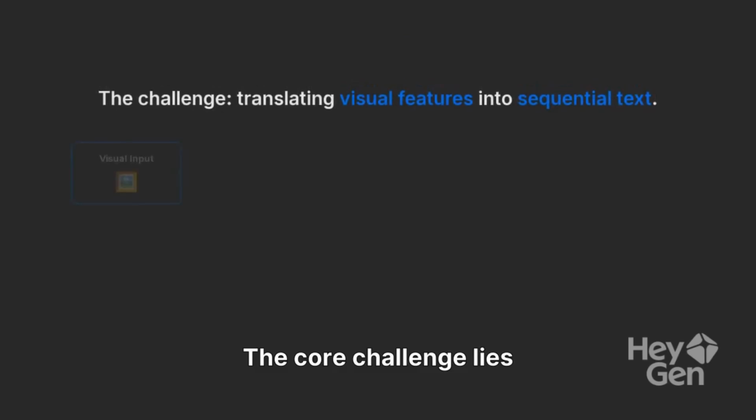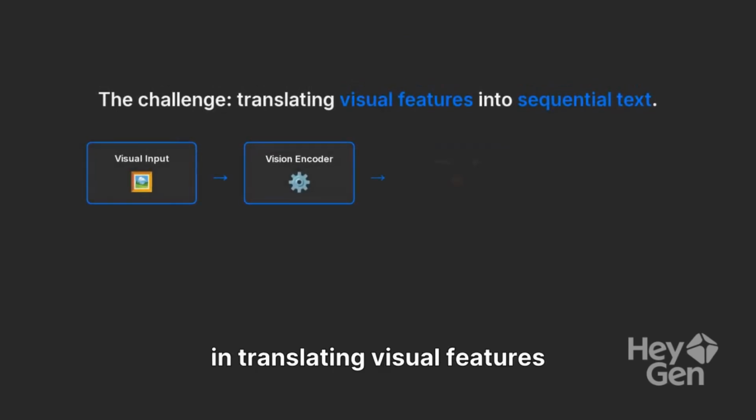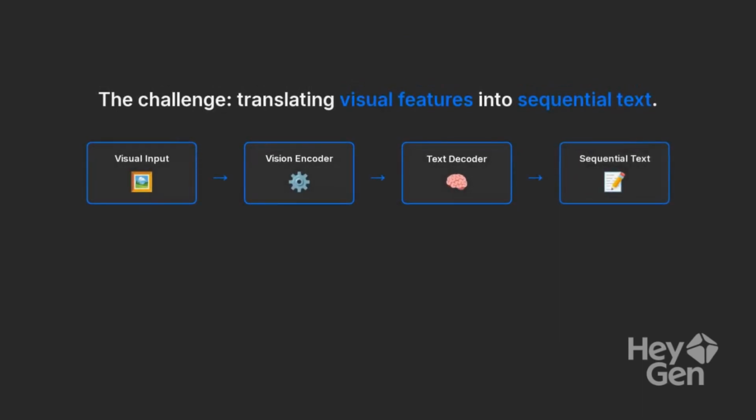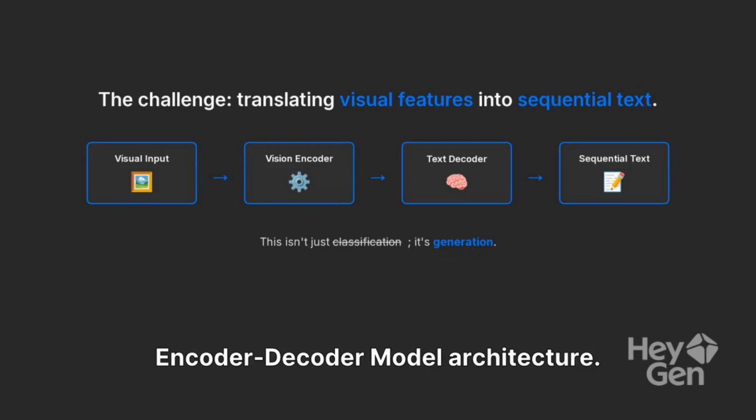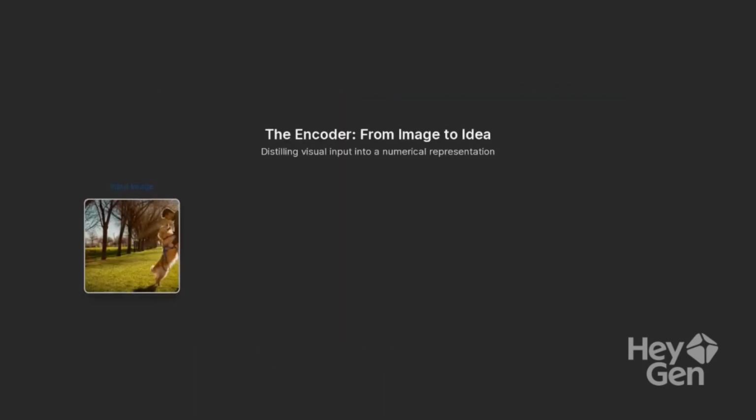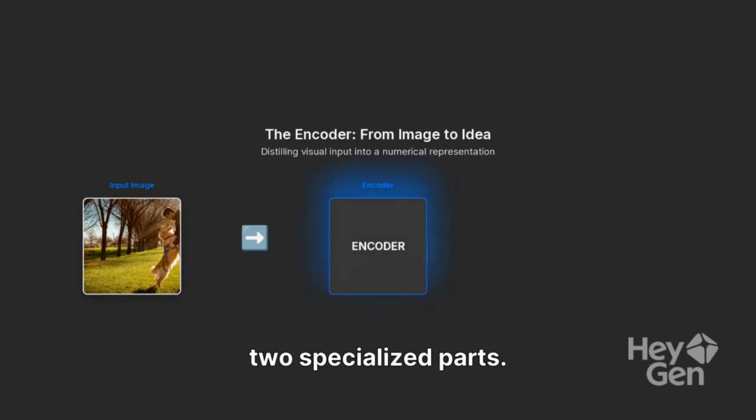The core challenge lies in translating visual features into sequential text. This isn't just classification, it's generation. Our solution addresses this by using a vision encoder-decoder model architecture. Think of this system as a translator with 2 specialized parts.